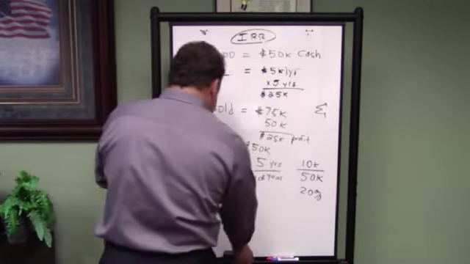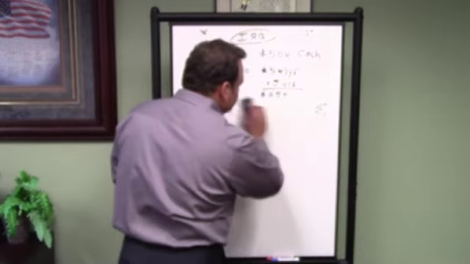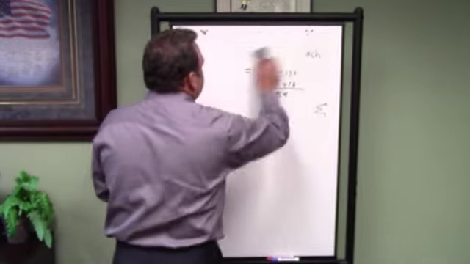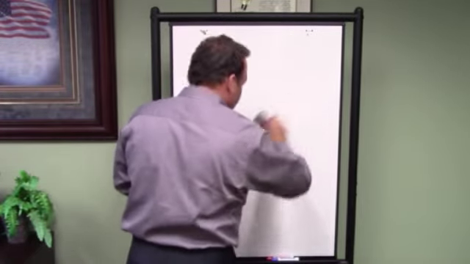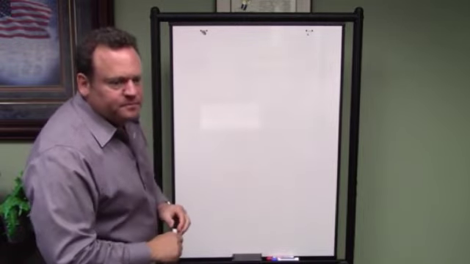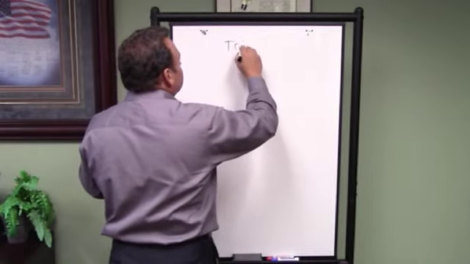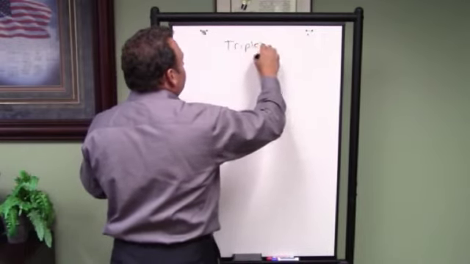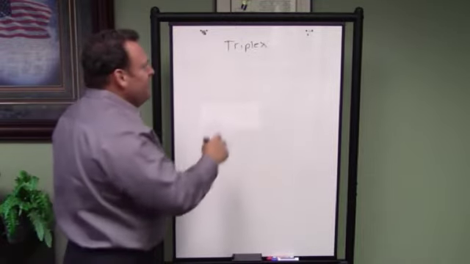Let's put this all together in an example deal with some real numbers, in the apartment realm. That was just a simple condo example, so you can follow me. Let's say you bought a triplex, 3-unit apartment building.